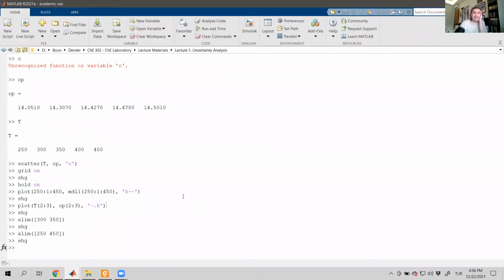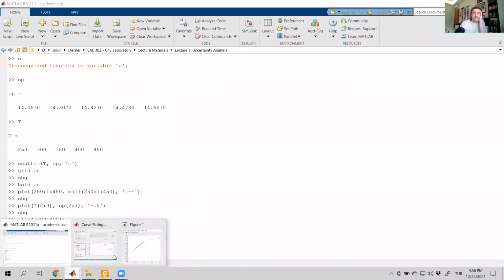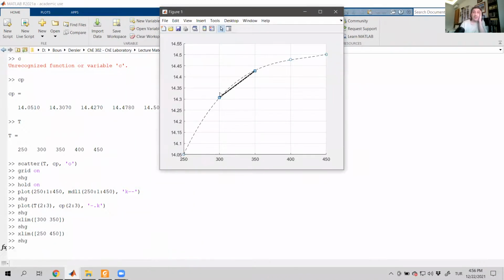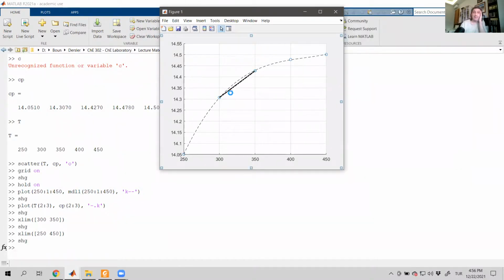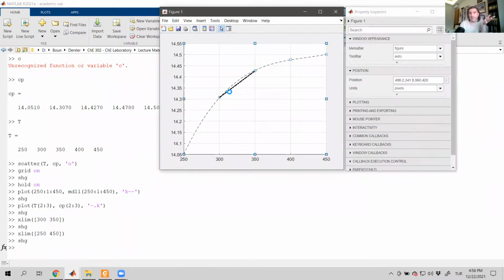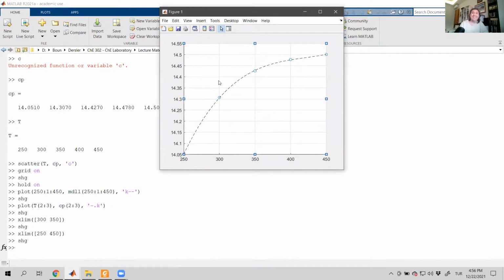Okay, now the second thing I would like to talk about is the uncertainty in finding the derivative. In some cases in an experiment, it would be required to determine the derivative at a certain point. So for instance, let's say that at 220 degrees, we would like to find the derivative of this curve.